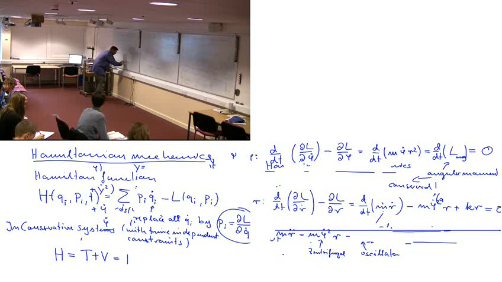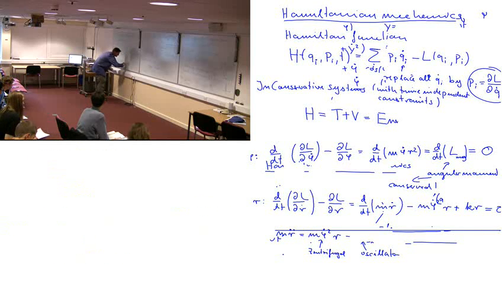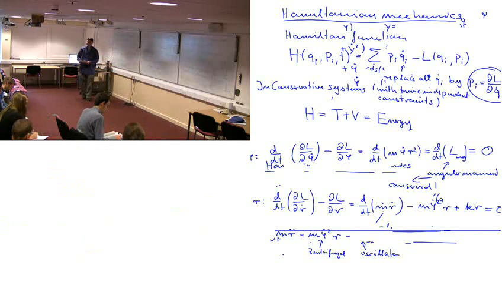So it's actually the energy. And that is something you probably have already used to some degree in quantum mechanics when writing down the Hamiltonian. That's where one usually learns more about the Hamiltonian.